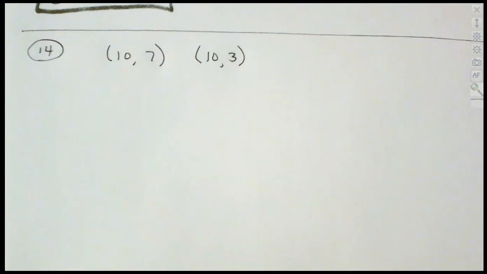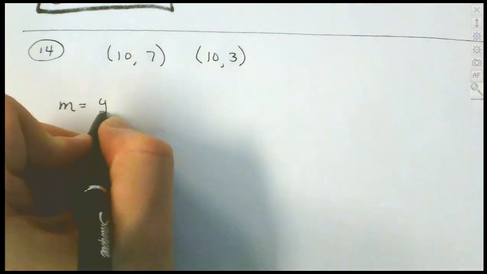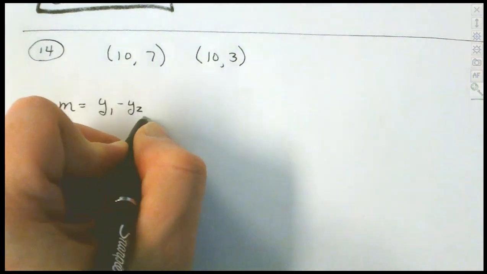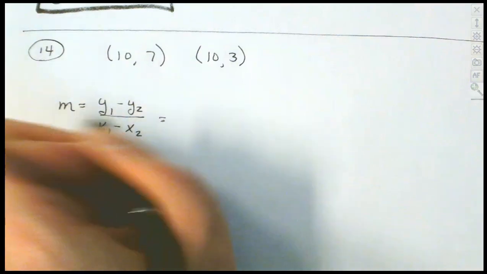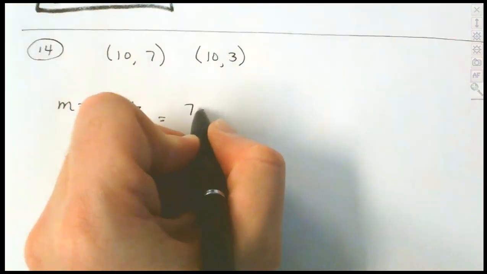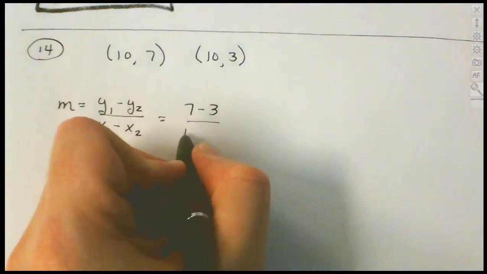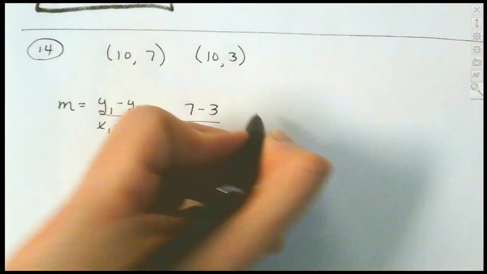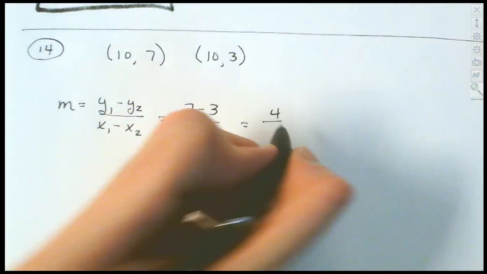So we first need to find our slope, which is y1 minus y2 over x1 minus x2. And that is now 7 minus 3 over 10 minus 10. And that leaves us then with 4 over 0.